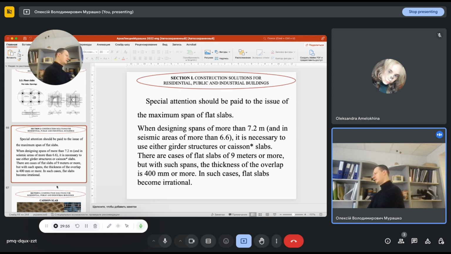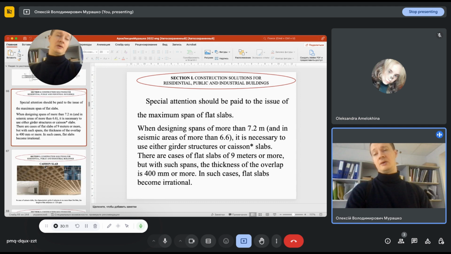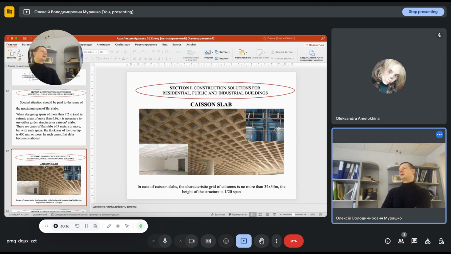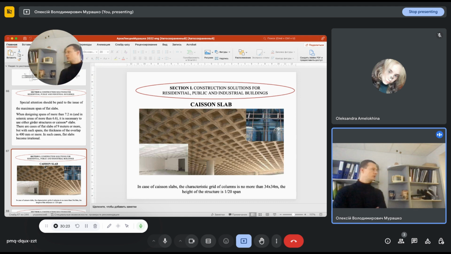But for a span of 9 meters, we use a slab with a thickness of 0.4 meters, so 400 millimeters. It is really expensive, but it was necessary for that case, because the span of the roof at that building is not 9 by 9 meters, it is 18 by 18 meters, so that gives additional space.